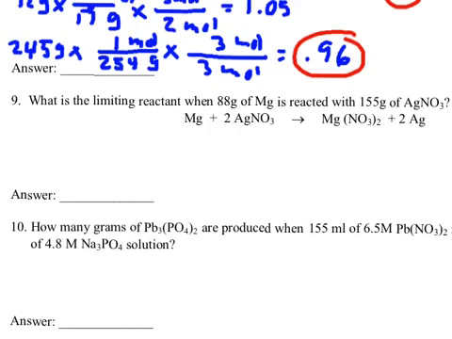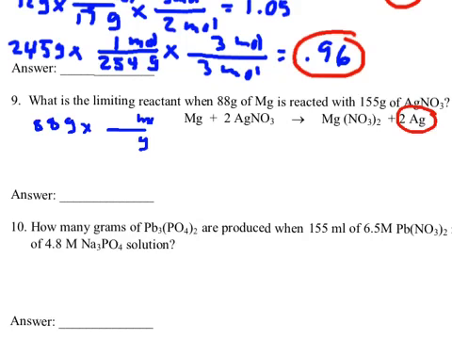Alright, so what am I going to target? I'll target the silver. I'm going to see how much silver I can make. So what I'm going to start off with is 88 grams of magnesium. And I put grams down below.